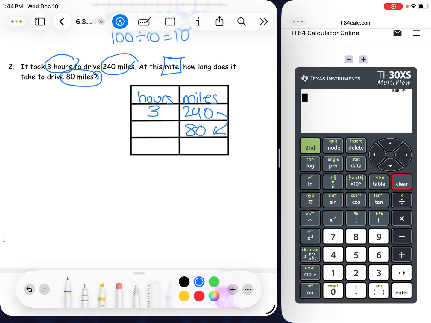How do I get from 240 to 80? Let's think about that in terms of 24 to 8. 8 times what equals 24? Or we can do the inverse. 24 divided by 8 equals what?